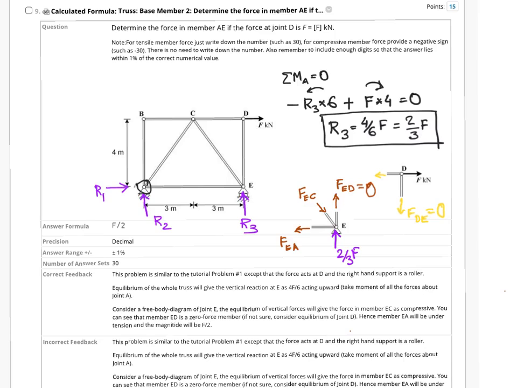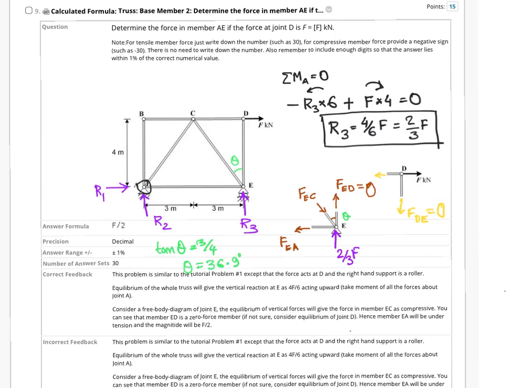What would be the value of FEC? To do that, we probably need this angle. Let's say this angle is theta, for example. So this is same as theta there. So we can find tan theta is equal to 3 over 4. That gives you theta is about 36.9 degree.